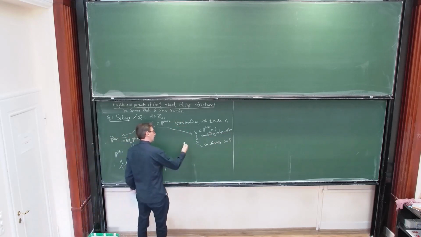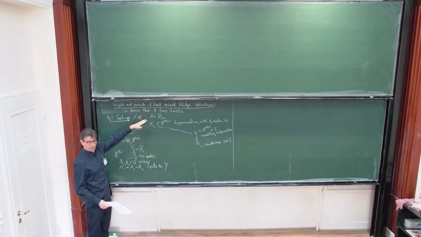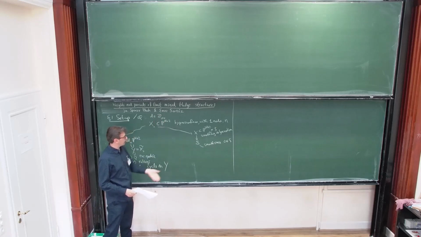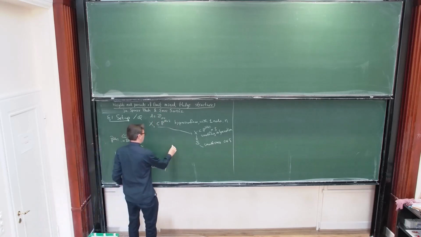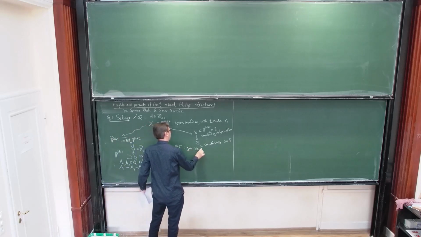And then we enter the world of variations of Hodge structures and maybe limit mixed Hodge structures. So we pass to C for everything, and we get a variation of Hodge structures over S.